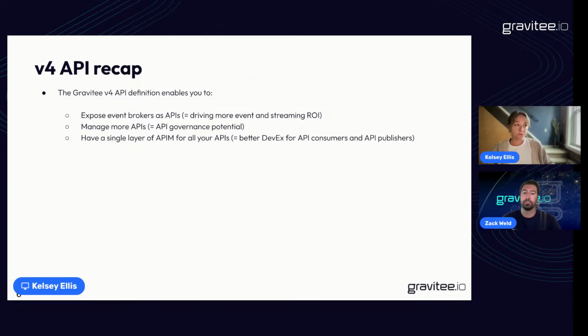So the V4 API definition enables you to expose those event brokers as APIs, like I mentioned in the Gravitee overview slide. It allows you to manage more APIs, and it allows you to have a single layer of APIM for all of your APIs, meaning a better developer experience for your API consumers and your API publishers.